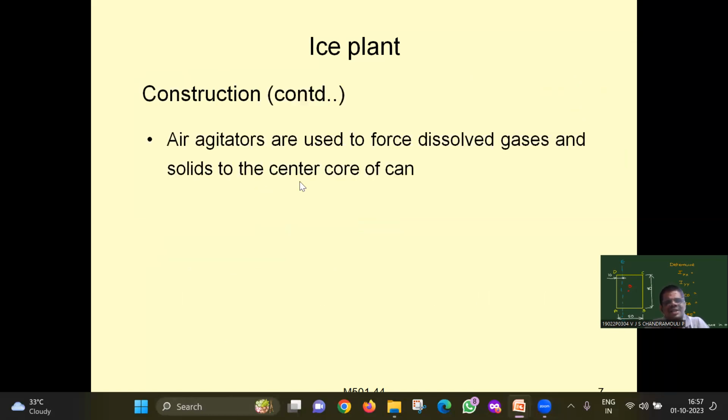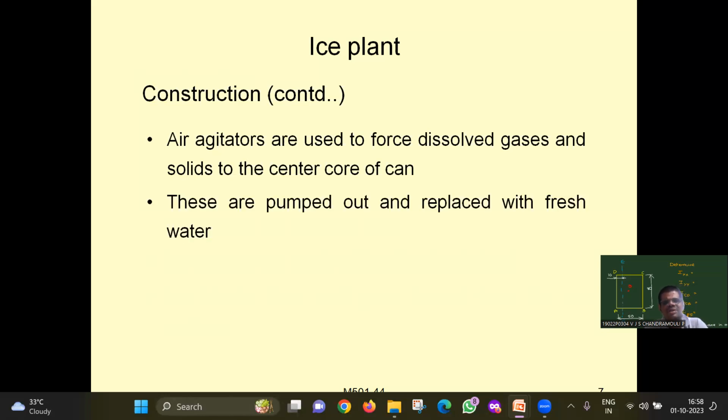And air agitators are used to force the dissolved gases, if any, and solids to the central core of the can. So there are certain devices called ice agitators, which are used to force dissolved gases, if any. The water may consist of different types of dissolved gases. So that's why these air agitators are used to remove such gases and the solids to the center core of the can.